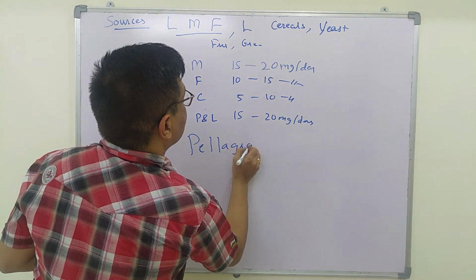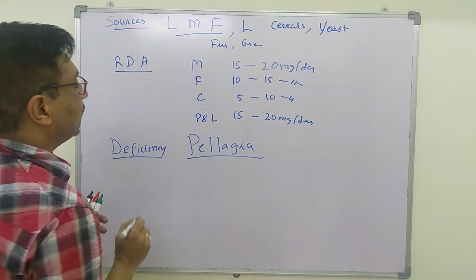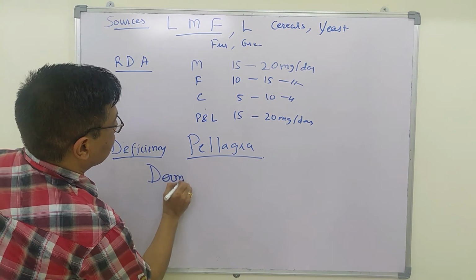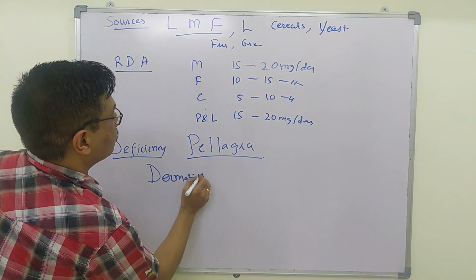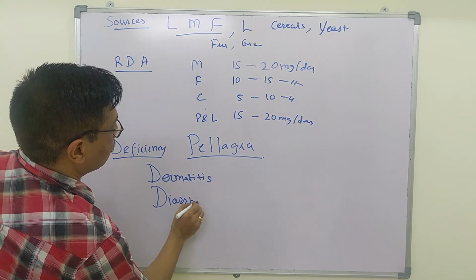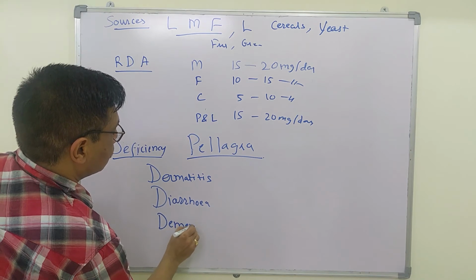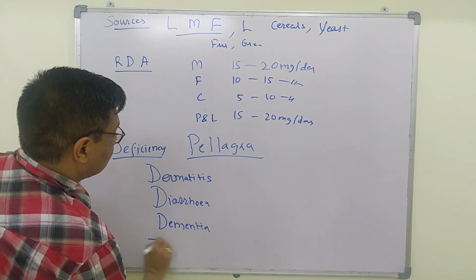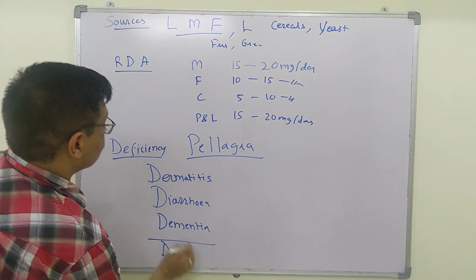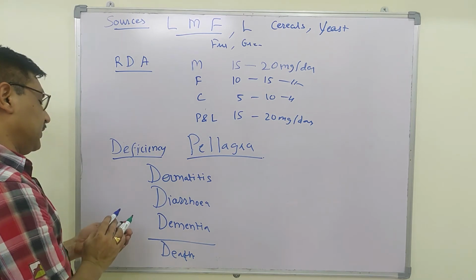This pellagra has a classical triad, that is dermatitis, diarrhea and dementia. If not treated properly, then death may occur. So, 3 Ds: dermatitis, diarrhea and dementia.